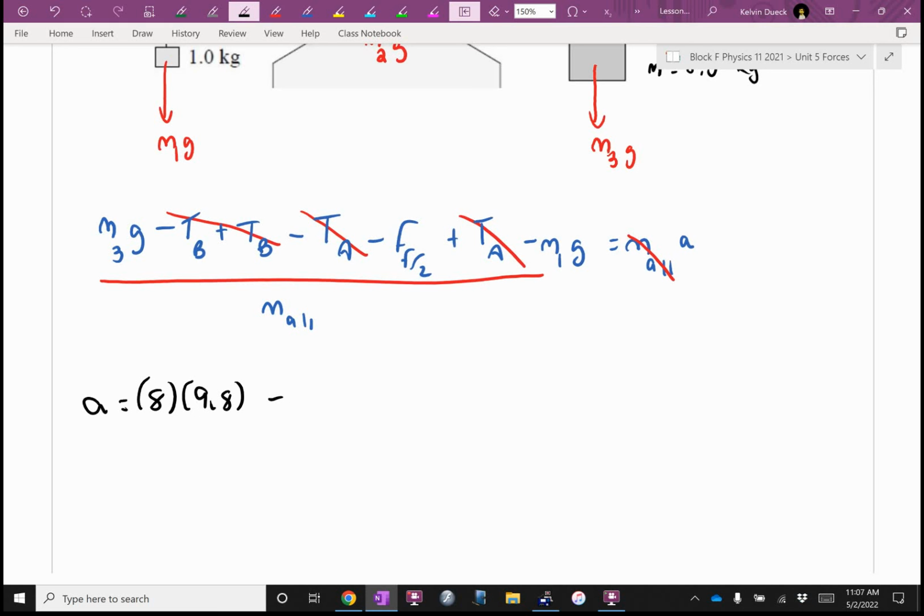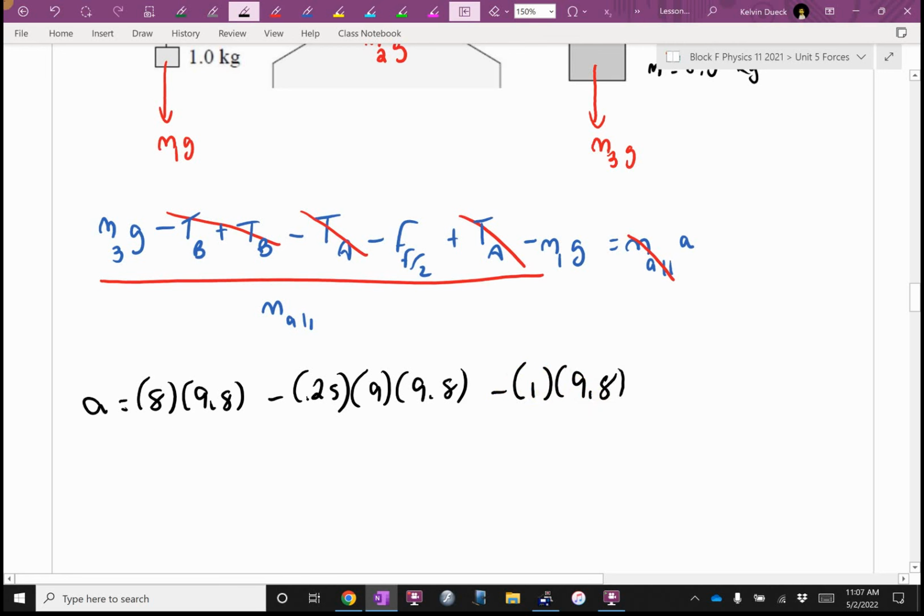What's mu? 0.25? I don't know the normal force. Oh, look, the force is the same size as a normal force. Which one? Can you tell me what M2 and G are? And then minus M1G, all divided by M1 plus M2 plus M3.